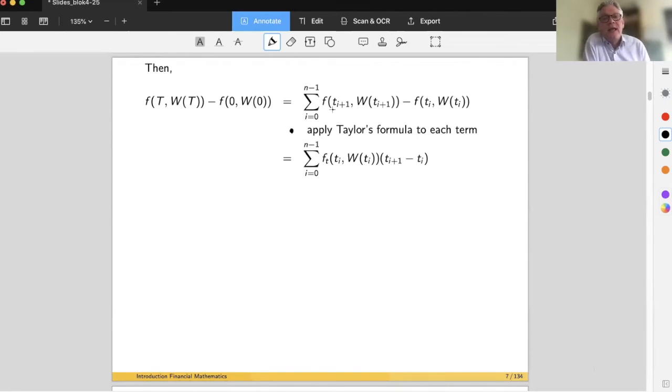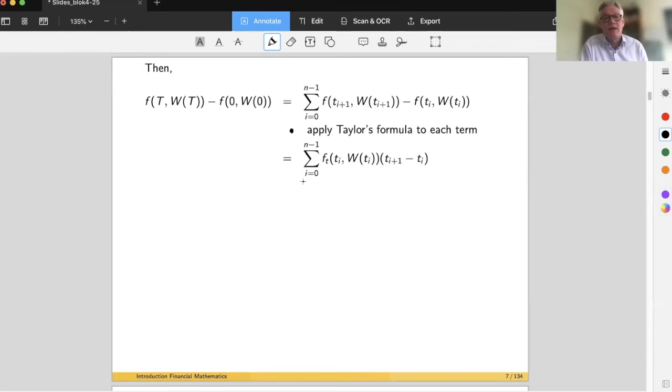And the first one, f(t_{i+1}, W_{t_{i+1}}) minus f(t_i, W_{t_i}), the first one is, of course, the derivative with respect to t. So this is the sum, i runs from 0 to n minus 1, of the first derivative of f with respect to t at the point (t_i, W_{t_i}) times the time increment t_{i+1} minus t_i.